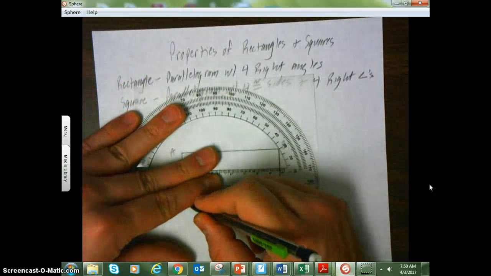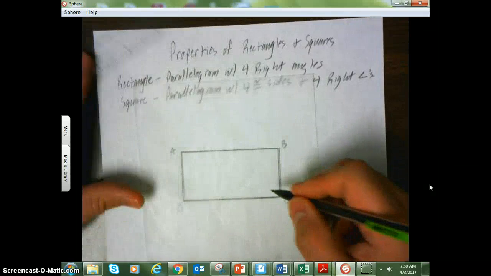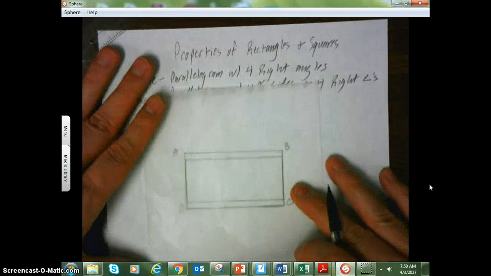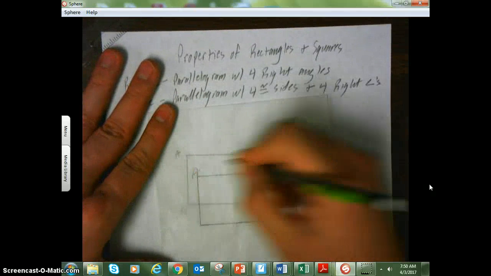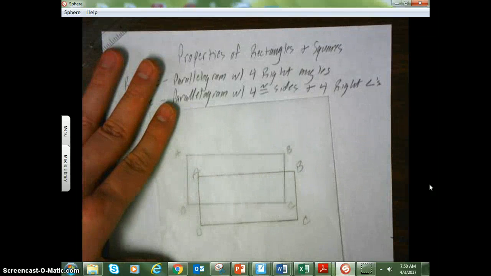All right. Now, the purpose of the patty paper again is really just to help us compare things quickly and easily. So this is A, B, C, and D.